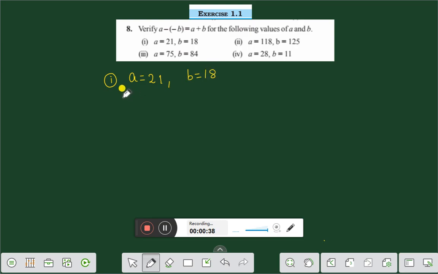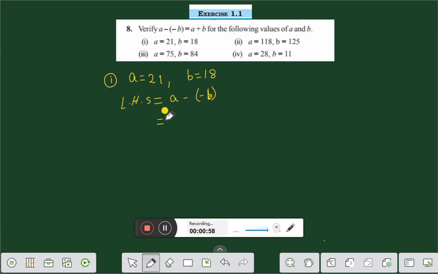Let us verify, that is left hand side. The value of left hand side is a minus of minus b.